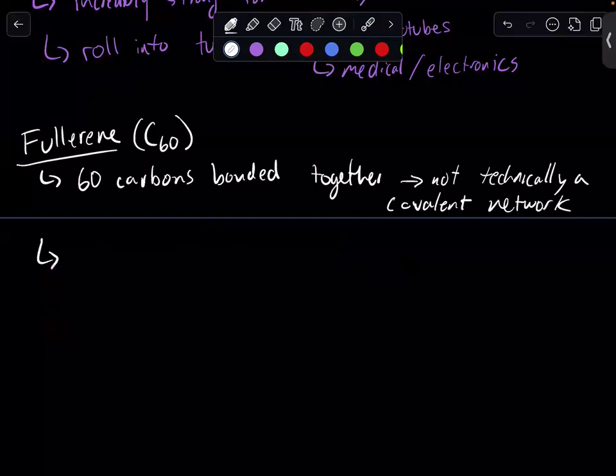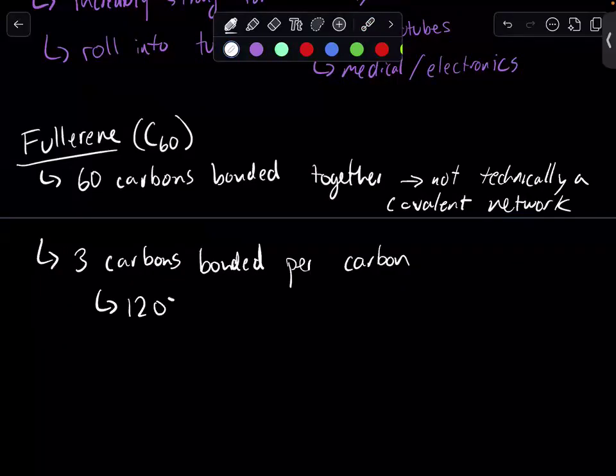So for instance, fullerene has 3 carbons bonded per carbon, which is exactly like graphite and graphene. So we still expect a 120-degree bond angle. And around each carbon, we do have a trigonal planar geometry.